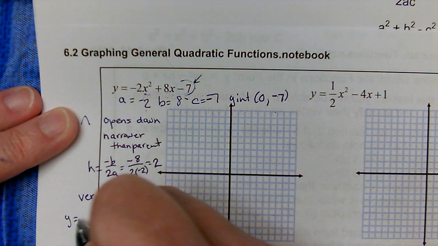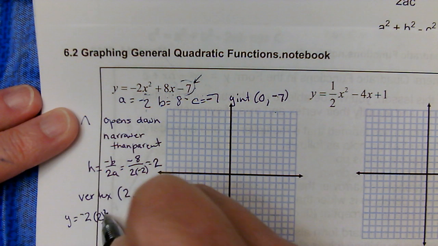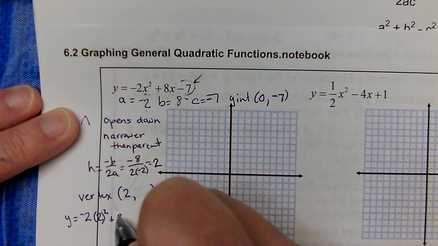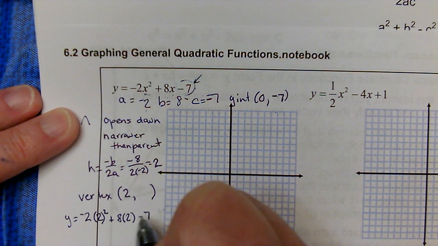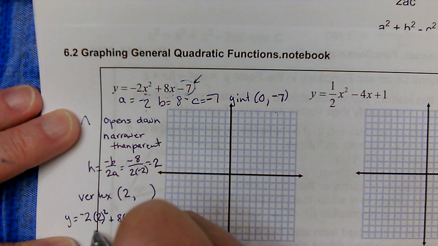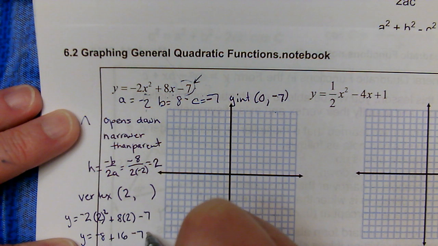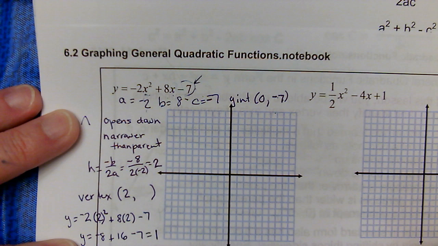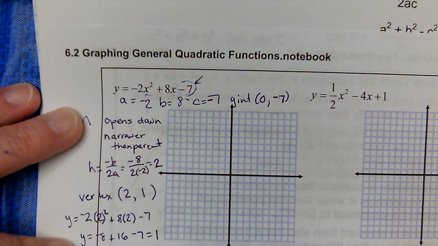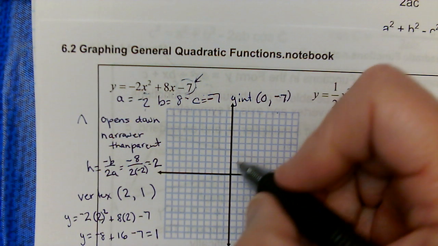So I get y equals negative 2 times 2 squared plus 8 times 2 minus 7. So 2 squared is 4 times negative 2 is negative 8, plus 16 would be 8, minus 7 is 1. So the vertex of this parabola is at the point 2, 1.